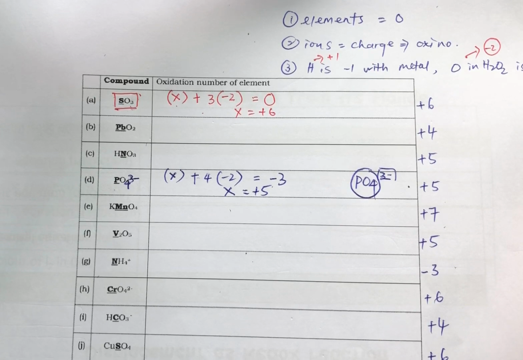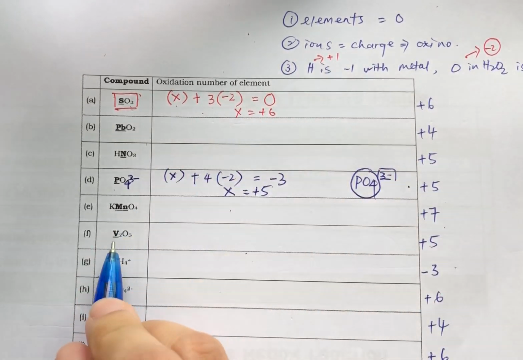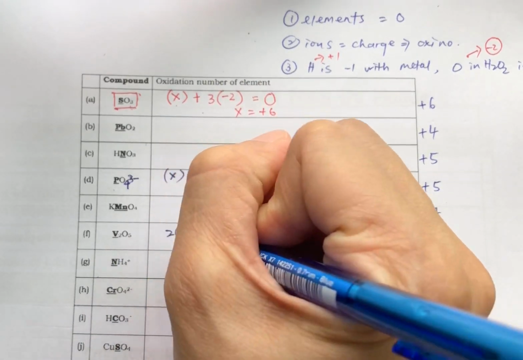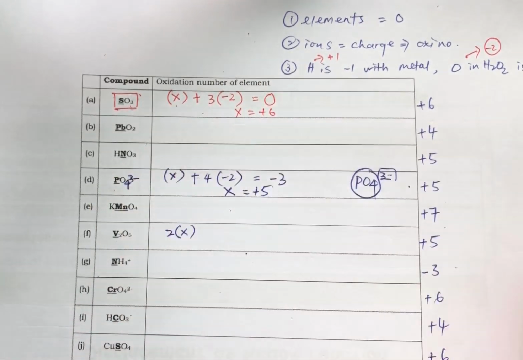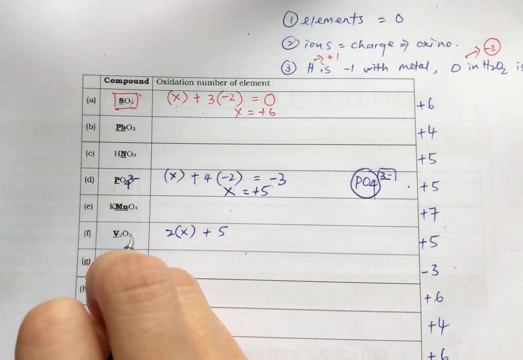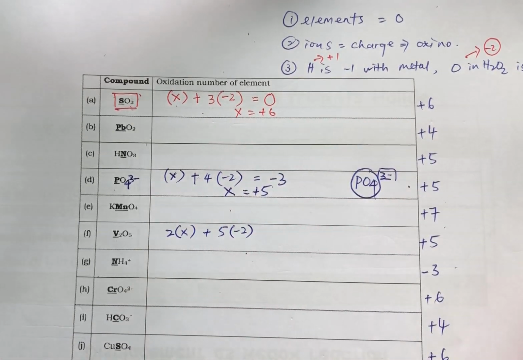Next, let's look at another example. V2O5. I need to find V, and there's a 2 here, so that means 2 times V, unknown X, plus 5 of oxygen. Oxygen in a compound is always -2.